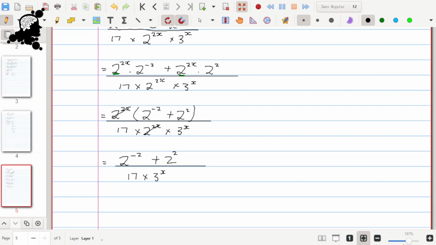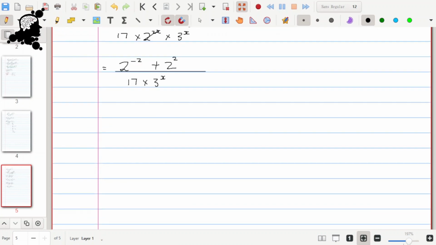Now we can simplify this. Let me just get some space. This is going to be 1 over 4 plus 4 divided by 17 times 3 to the power x. If we write this like this, we're going to have 17 over 4 divided by 17 times 3 to the power x.